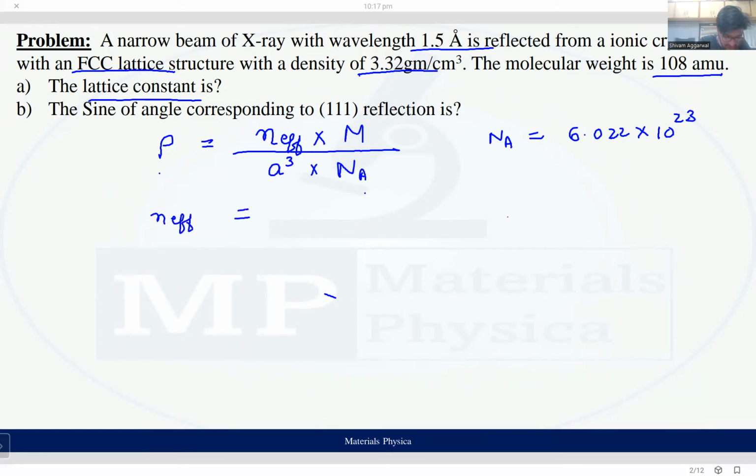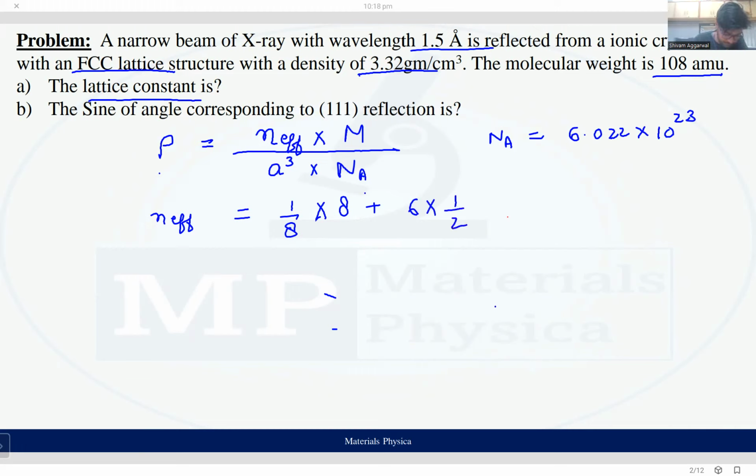N effective for the FCC crystal structure: there are 8 corners, and the effective atoms per corner is 1/8. So 1/8 into 8, plus there is an atom at all the faces of the lattice. There are 6 faces, and each face has an effective atom of half.